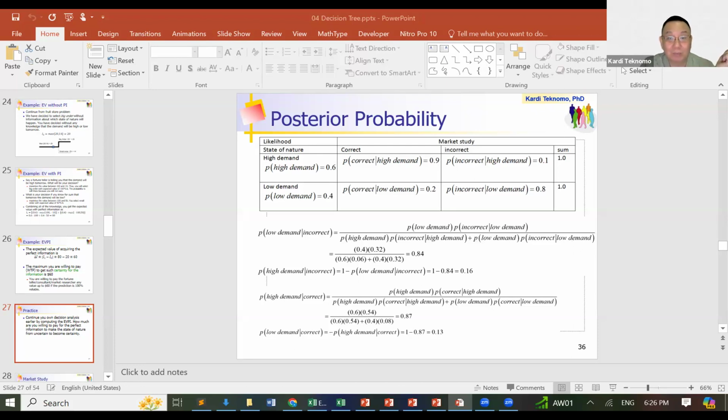So you expand. This is the same as low demand multiplied by incorrect given low demand. This is 0.4. Incorrect and low demand is 32.